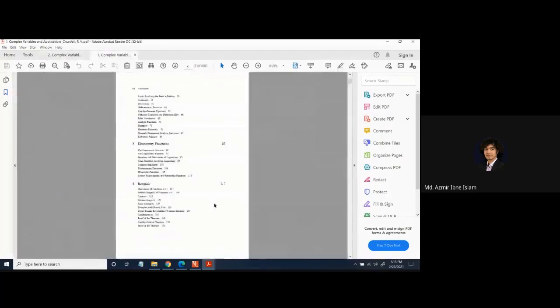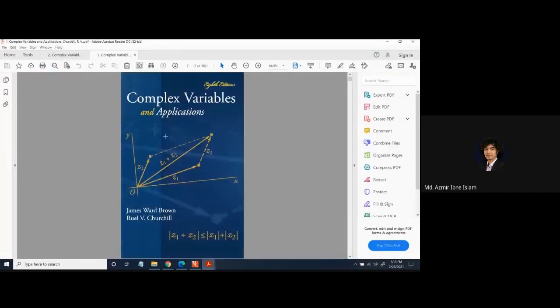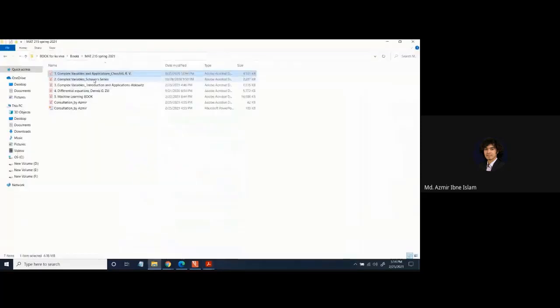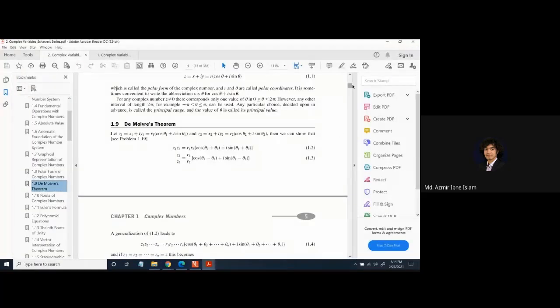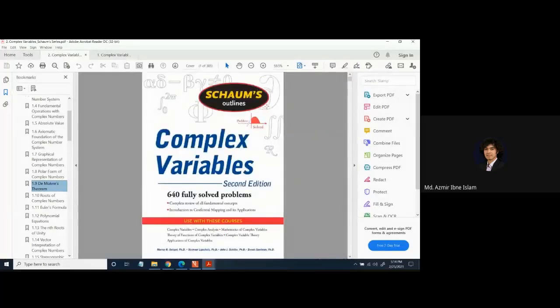in complex variables. Besides this book, you can also take a look into this one, that is complex variables, Schaum's outlines. Okay, so this book is very important for the problem solving part.